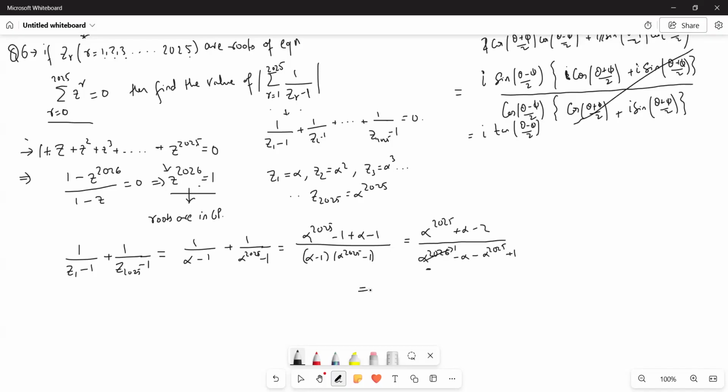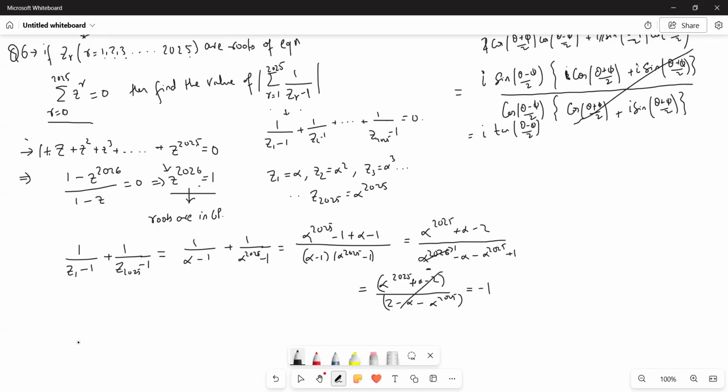तो दिस विल एंड अप बिकमिंग alpha to the power 2025 plus alpha minus 2 divided by 2 minus alpha minus alpha to the power 2025. तो ऊपर नीचे कैंसिल होके वैल्यू क्या बचा, -1.